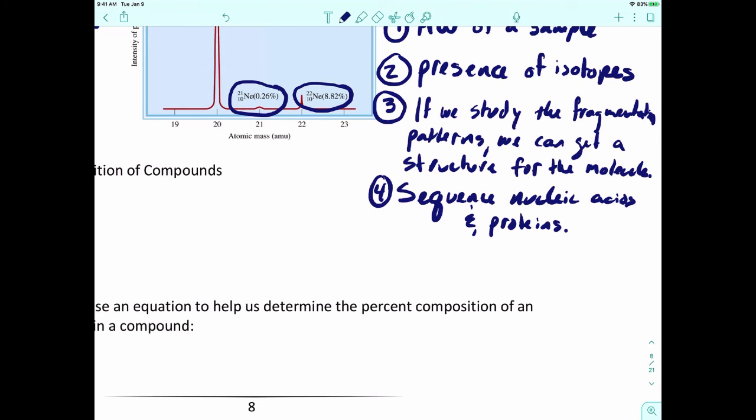Mass spectrometry really came into being in biochemistry with the advent of the Human Genome Project, which was started in 1986. It was meant to sequence the entire DNA sequence of humans.